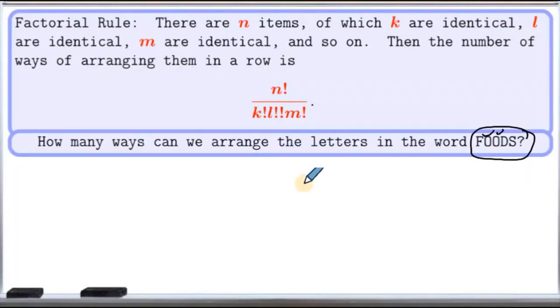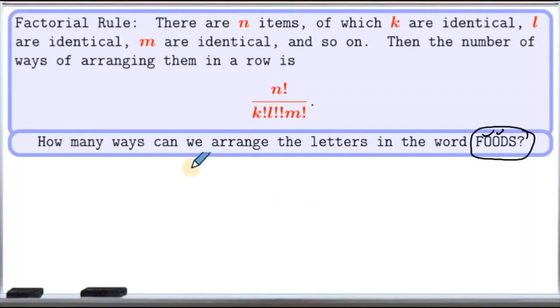In this case, the number of arrangements is given by n factorial over the factorials of the numbers of identical elements. If we have n1 identical elements, then we do n1 factorial. And if we have n2 identical elements, then we do n2 factorial, and so on.